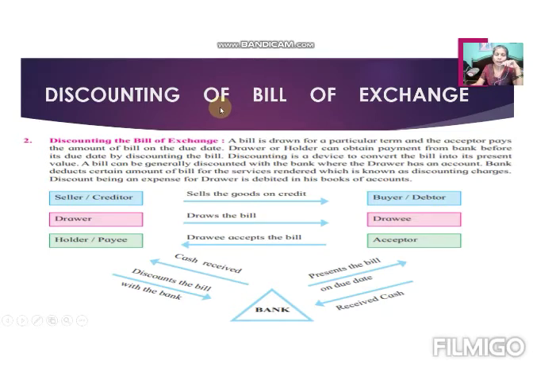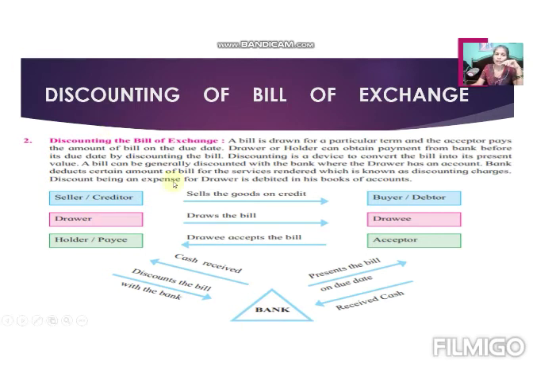At that time, I told you that discounting of bill of exchange is one of the contingent liabilities. In 11th standard, I just gave you the name of this liability, and I explained in detail about the workmen's compensation fund. And at that time I told you that how discounting of bill of exchange becomes a contingent liability, I will explain in 12th standard.